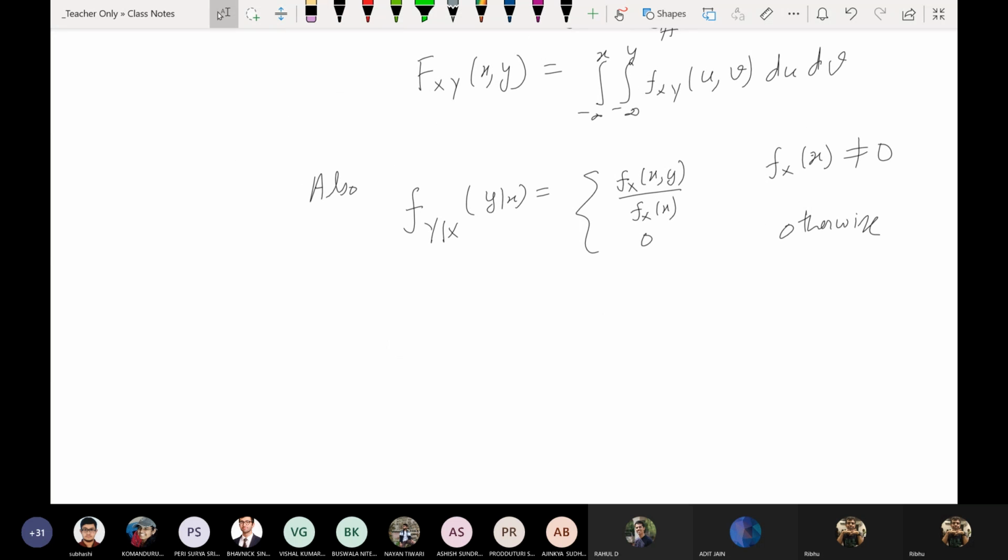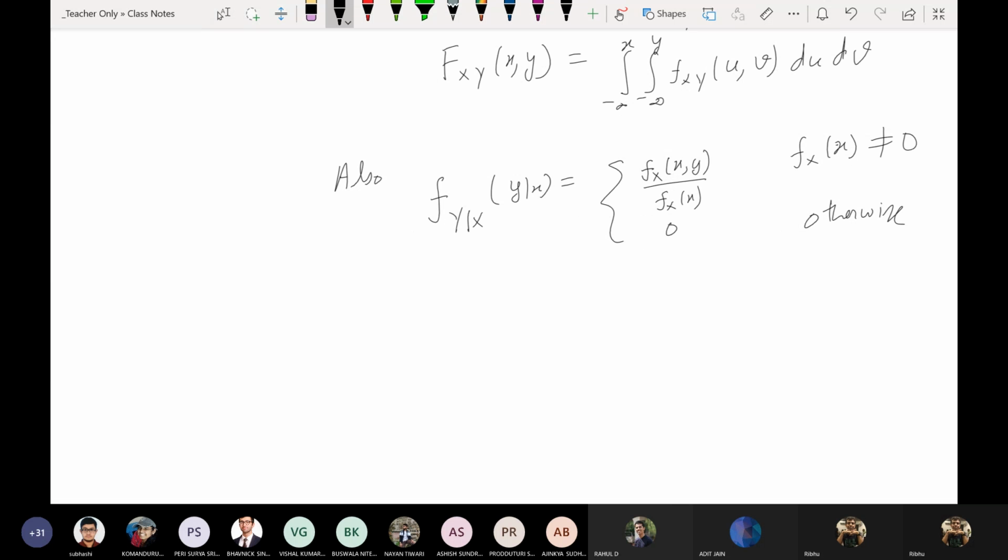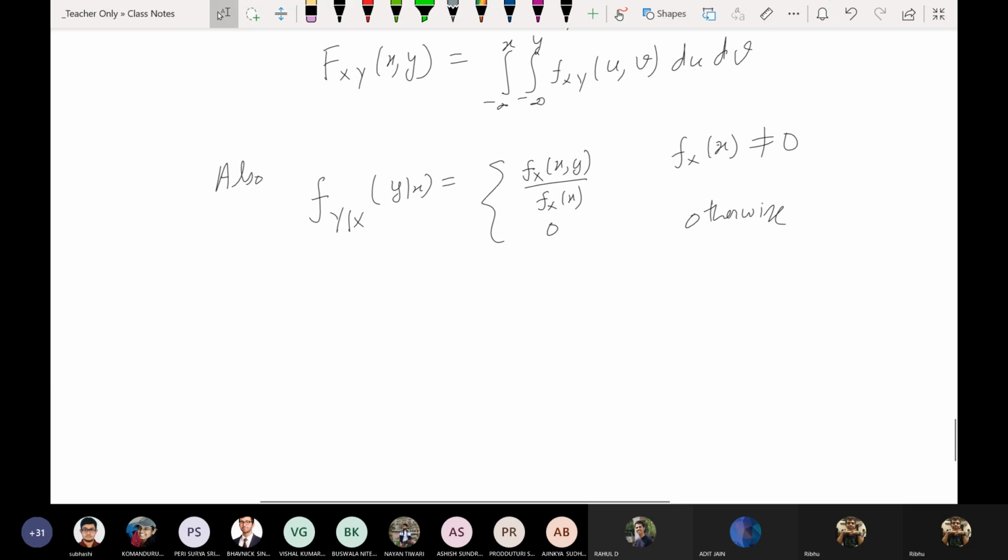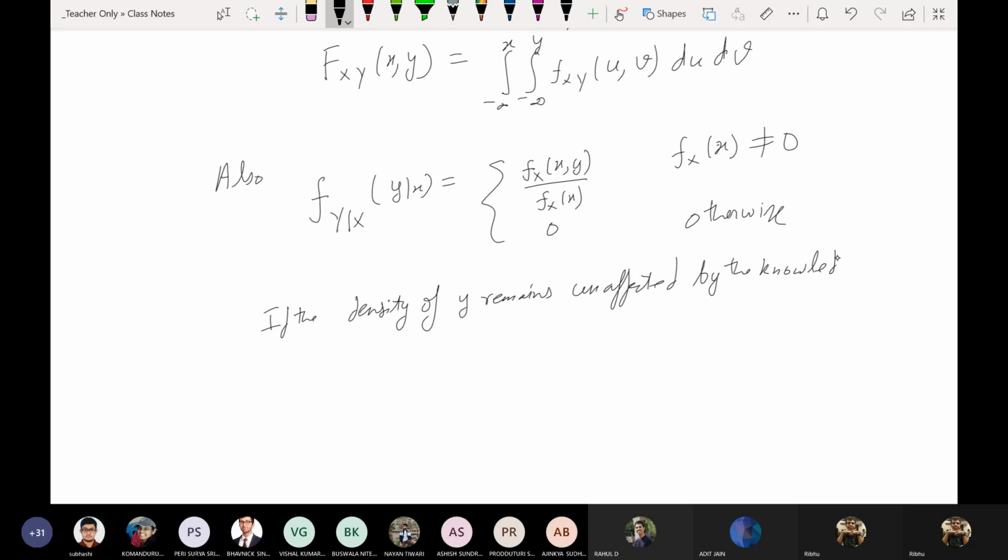So the probability of y conditioned on x, and if the density of y remains the same despite the knowledge of x, then x and y are independent variables.